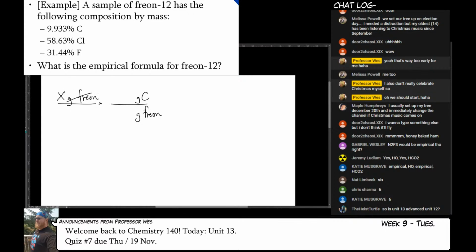And then these would cancel, and I would be left with grams of carbon. Now, what is the ratio of grams of carbon to grams of Freon? Well, in 100 grams of Freon, there would be 9.933 grams of carbon. And so I would just get whatever this number is times whatever mass I had chosen to examine for this problem.